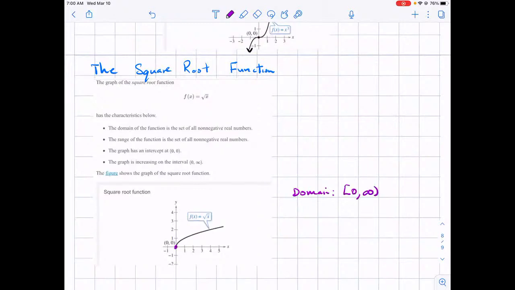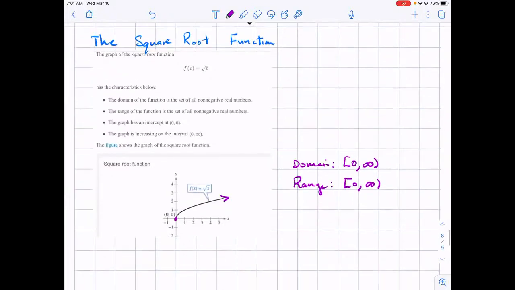It starts from here and travels along all the way. Remember, it does not end, so that's why it goes to infinity. The range would also be 0 to infinity. There is an x-intercept at the origin, and the graph is increasing.